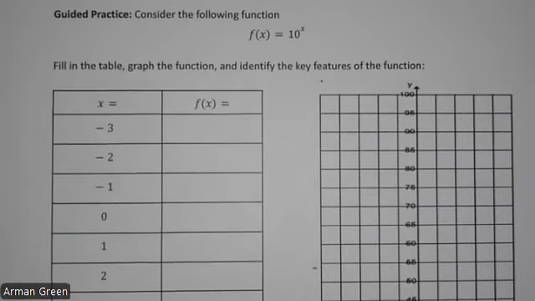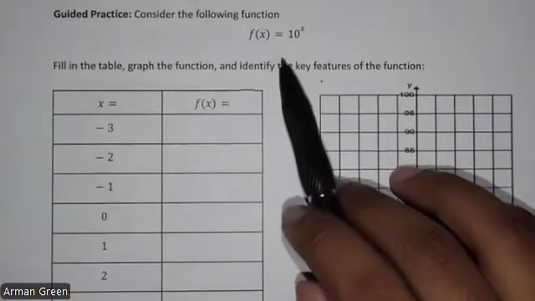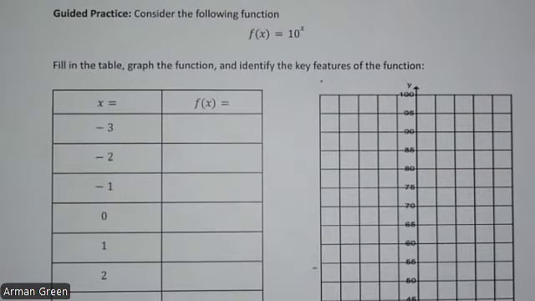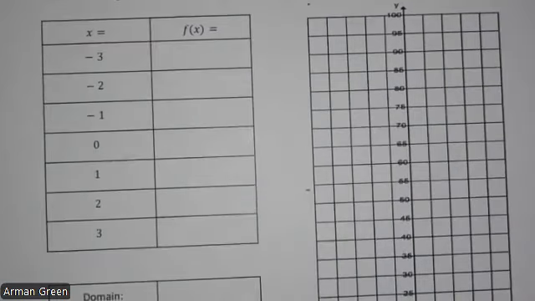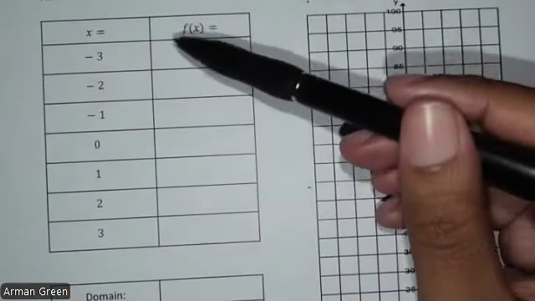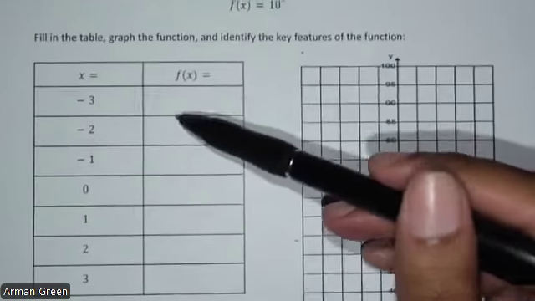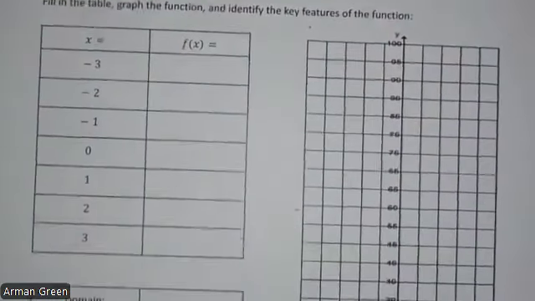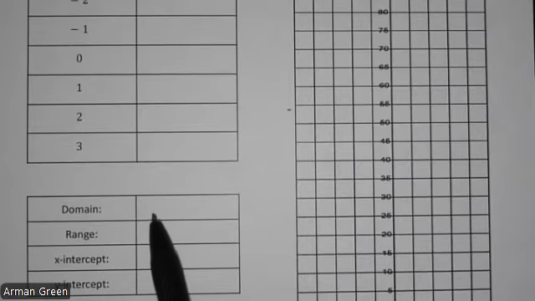page 26. So on page 26, you have a function here, f of x is equal to 10 to the power of x. And what I want you to do during this time is fill in this chart. You have these x values here. I want you to plug them into your function, see what you get. So you're going to write your answer here. Then from there, I want you to identify the domain, the range, and if it has an x or a y intercept.